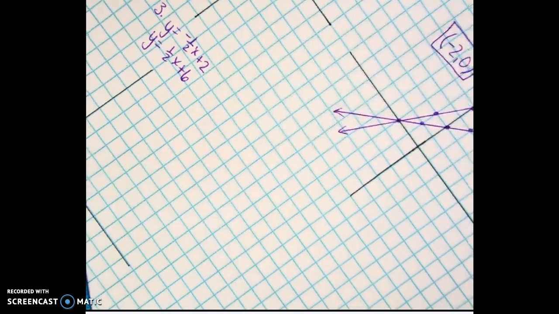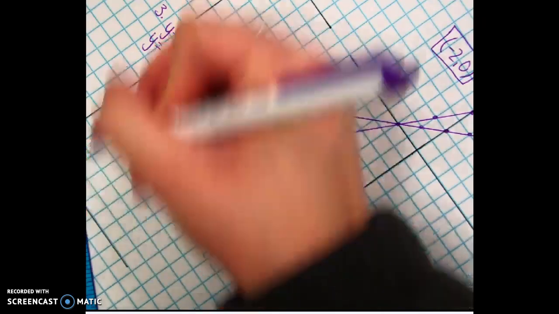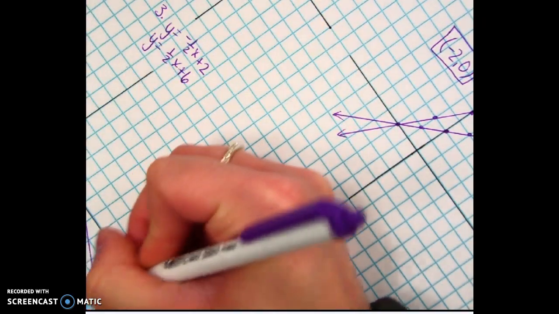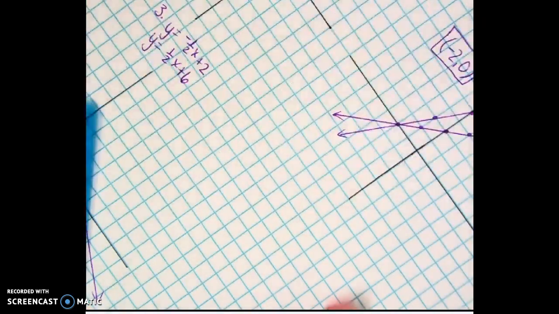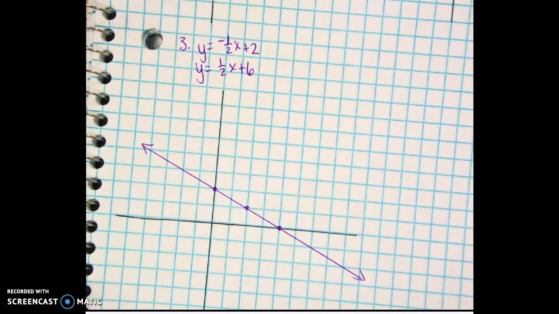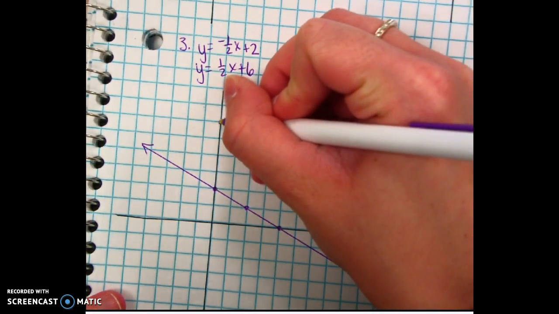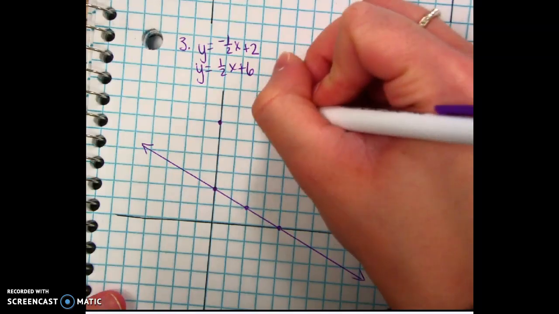Sorry, to draw the line, I gotta move the notebook. Okay. And the other one is a positive 6, so 2, 3, 4, 5, 6. And I go up 1 over 2.